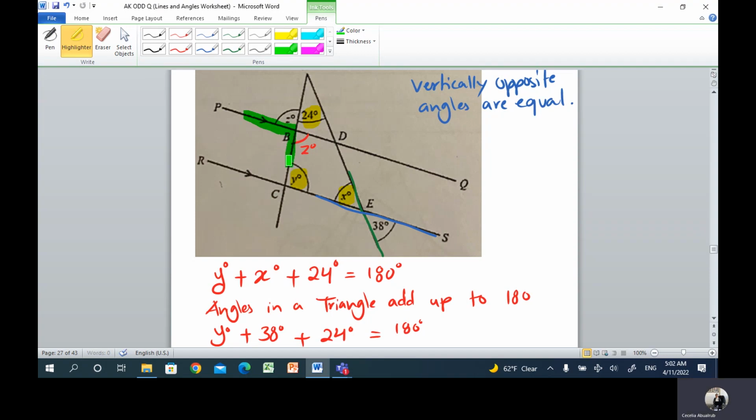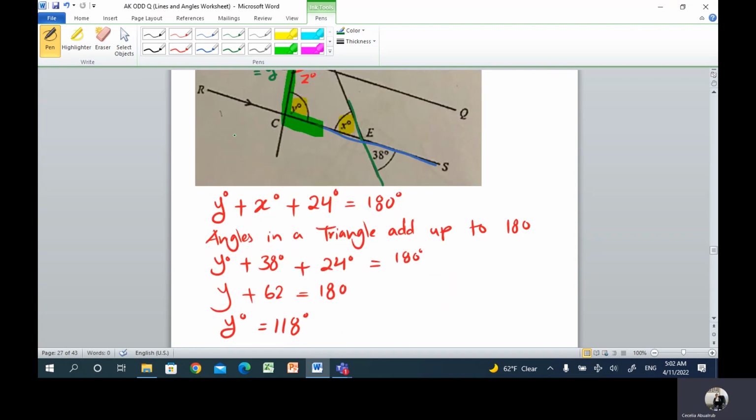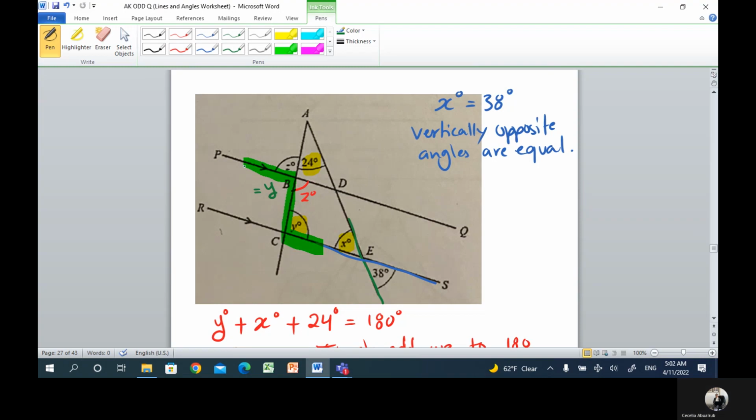If you stop here and go on the line that is crossing both and you go on the second parallel line, if this is y, then this is y as well, right? And we found y as 118 degrees. Okay, and z and y are angles on a straight line, right?